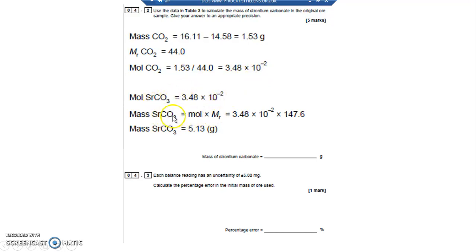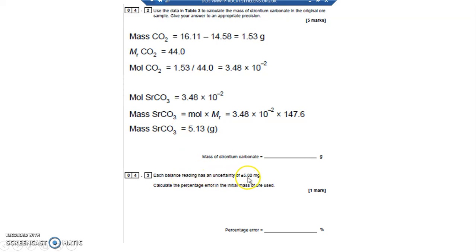I can work out the Mr of strontium carbonate, and it comes out as 147.6. Moles is mass divided by Mr, so mass is moles multiplied by Mr. 3.48 times 10 to the minus 2 moles multiplied by 147.6. 5.13 grams is the mass of my strontium carbonate.